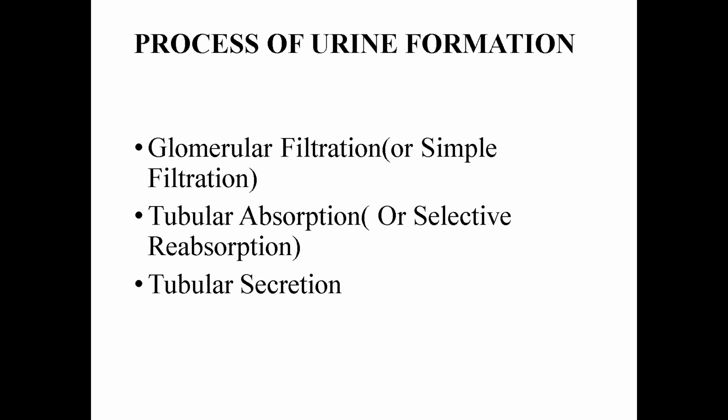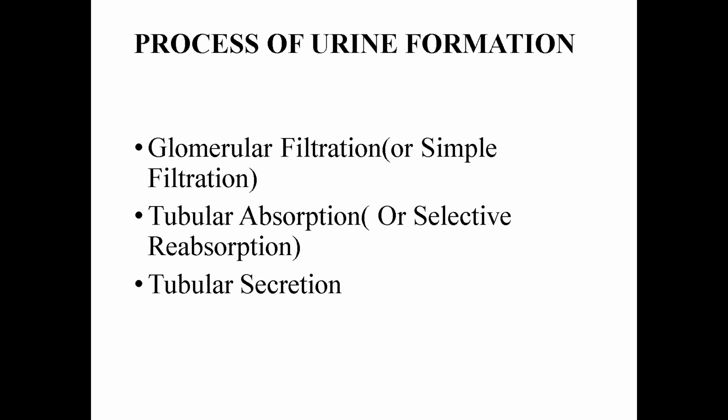So these materials are still needed by the body. These materials include water and glucose, and the materials that will remain in the renal tubules are the creatinine, urea, and other waste products.